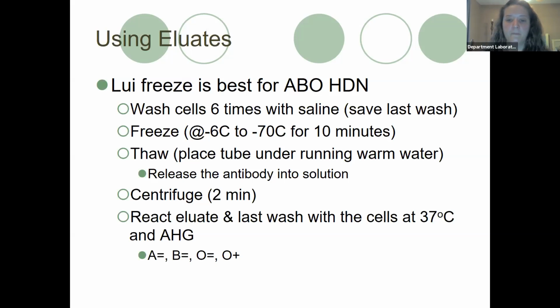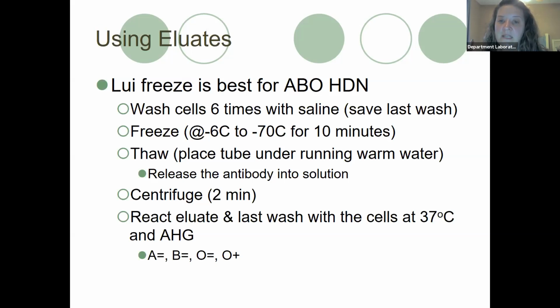All right. And then in a Lui freeze, we are going to run that eluate using A negative cells, B negative cells, O negative cells, and O positive cells. Now, you might ask yourself, why do we need to run A negative cells and B negative cells?